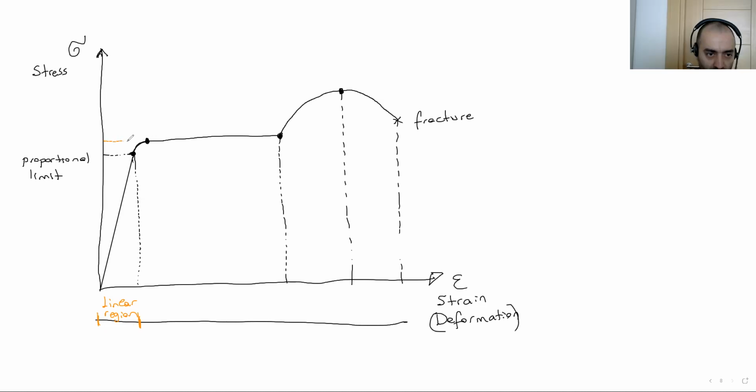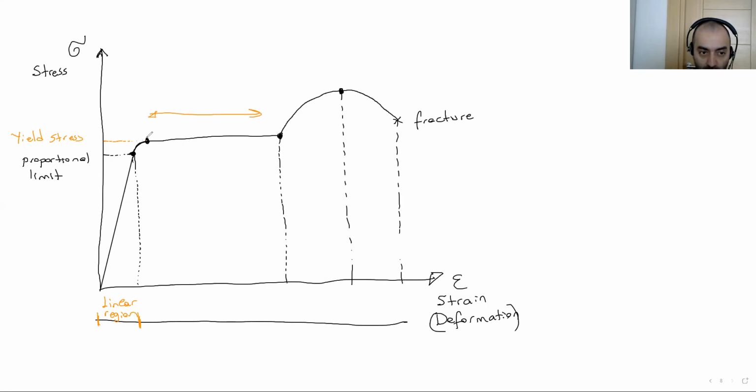This point is yield stress. When we reach up to the yield stress, we increase load at this level. Although we increase the load, stress doesn't change, but at the same time, the deformation changes in this region. This is the yielding plateau.